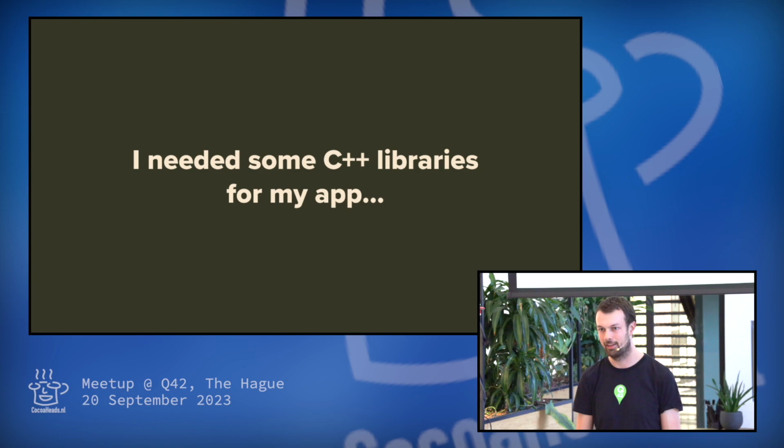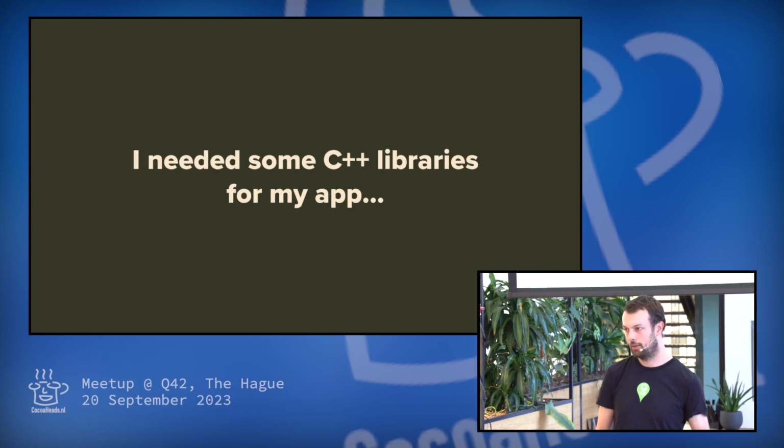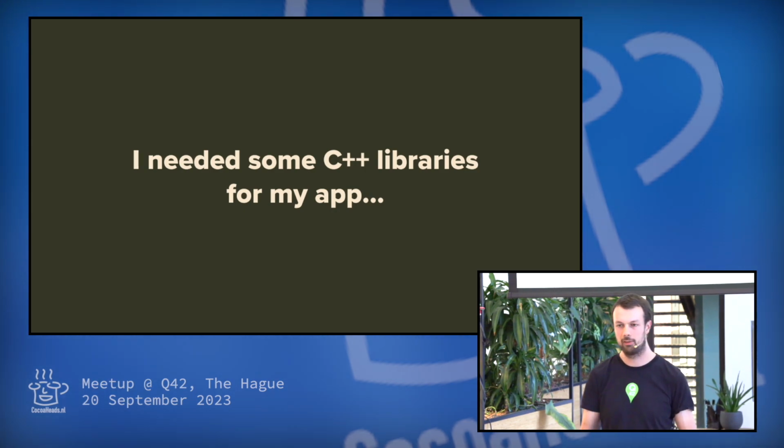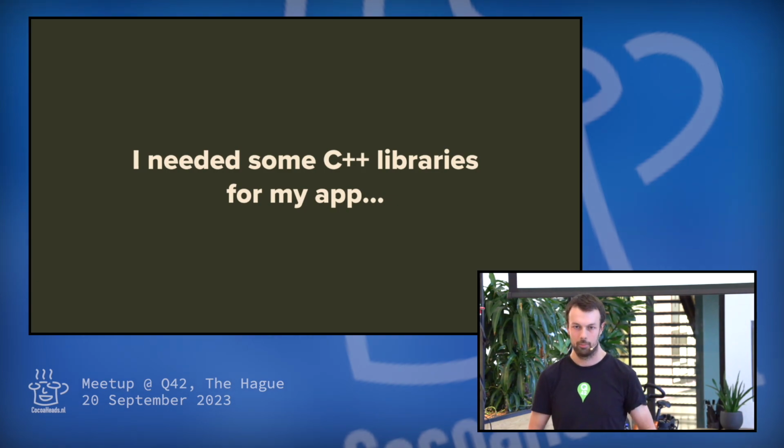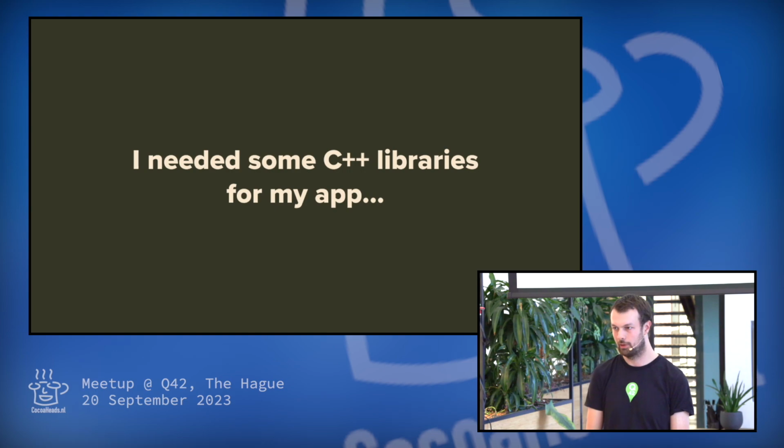There already existed a bunch of open source libraries for working with this file format and for working with 3D geometries, etc. So I wanted to use them, but they were cross-platform libraries. They would run on macOS, on Windows, on Linux, but not on iOS specifically. And hence I needed to learn a bunch of things to get it up and running.